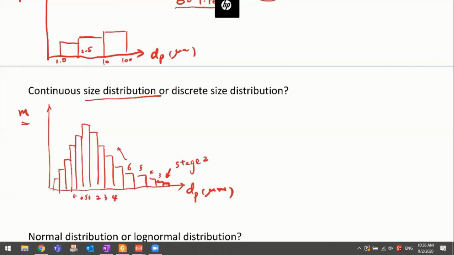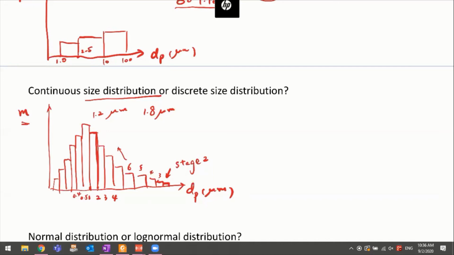So I'm not showing them in a linear scale. I'm just making up these numbers here. So let's say for this size range between 1 and 2 micrometer, what about the concentration of particles that have a size of 1.2 micrometer and a size of 1.8 micrometer? So are their concentrations the same?